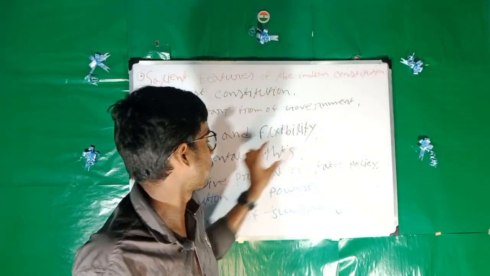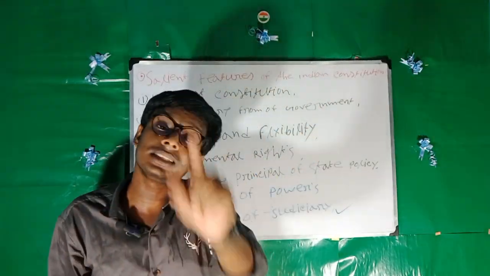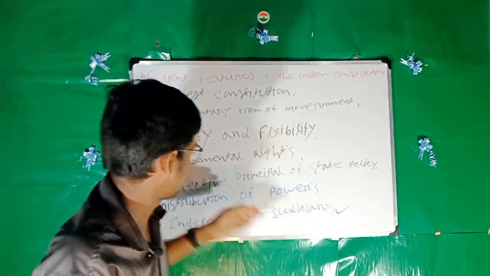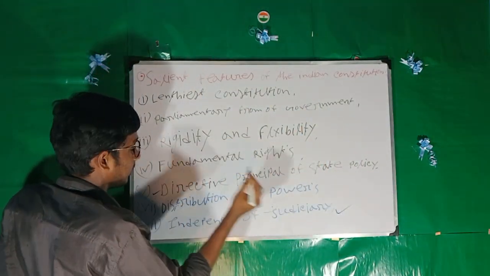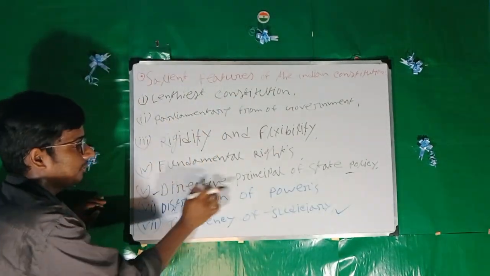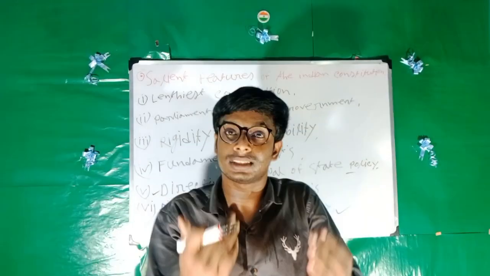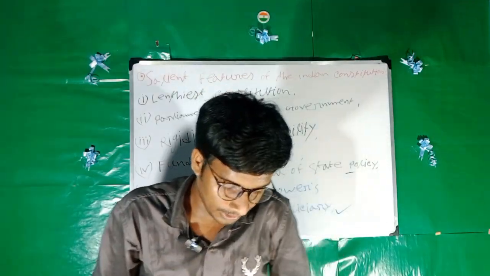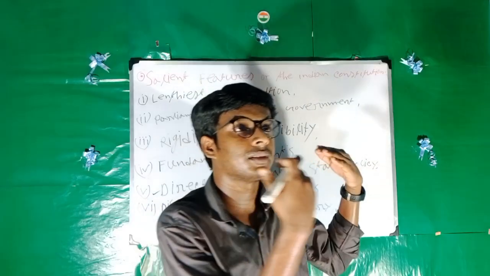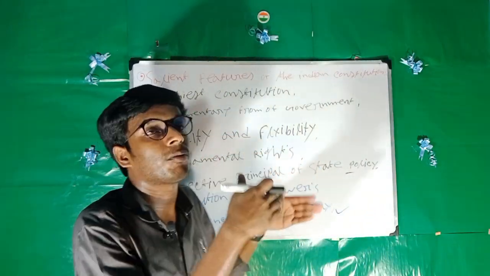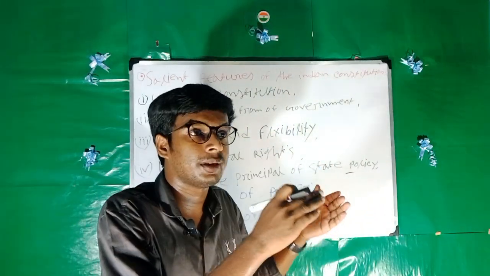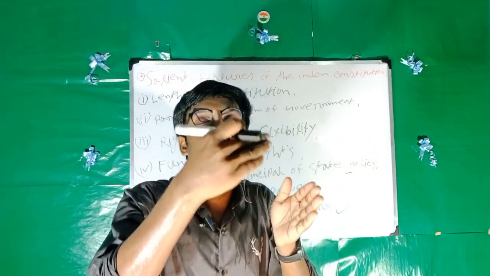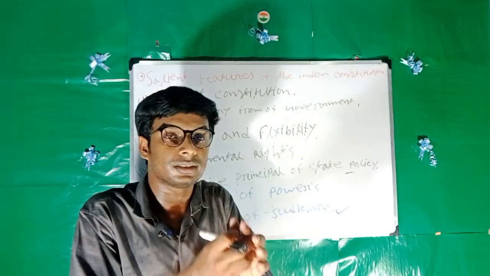These fundamental rights are provided to citizens of India and, in some cases, to non-citizens as well. Point number 5 is the directive principles of state policy, in short DPSP. DPSP was adopted from the Irish Constitution. It gives power to the state governments and the Indian government, with certain objects and aims for the citizens of India and any other person.